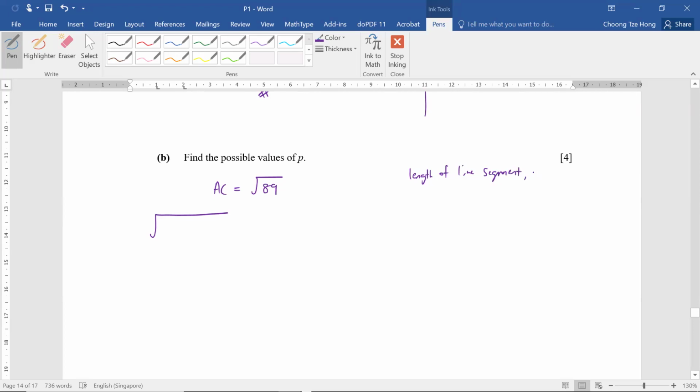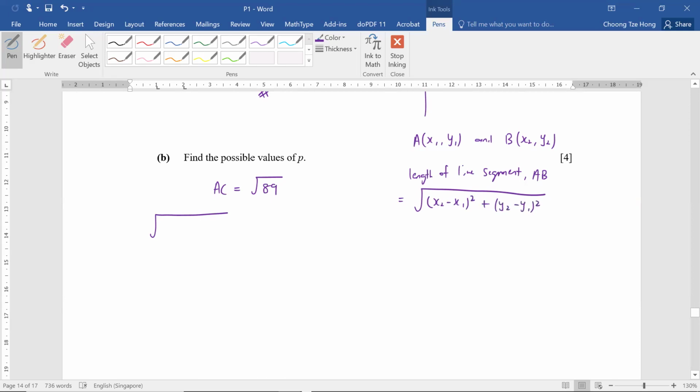Let's say AB, okay. And A is, let's say, X1, Y1, and B is X2, Y2. Then the length of the line segment goes this way. Actually, it's just Pythagoras' theorem, right? Square root of X2 minus X1 square plus Y2 minus Y1 square.